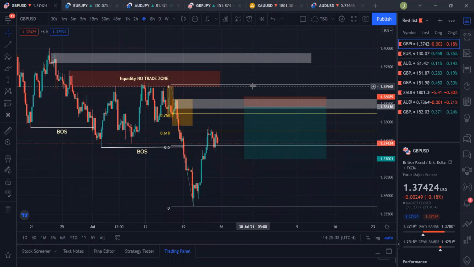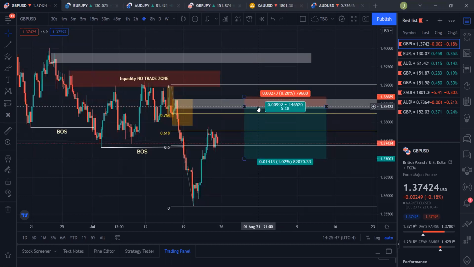Now with me personally, I like to give myself two chances to enter the trade. So if I set a pending order at this point right here, I will give myself a second chance if that pending order fails.